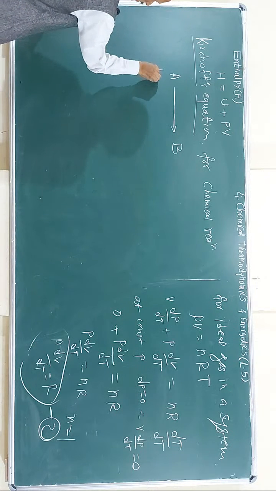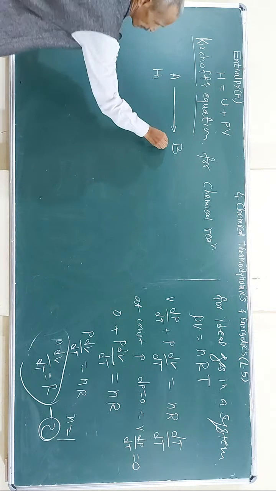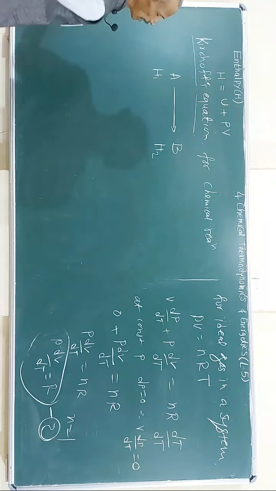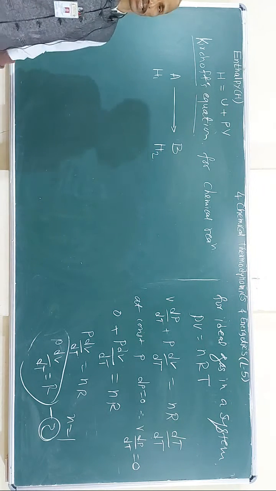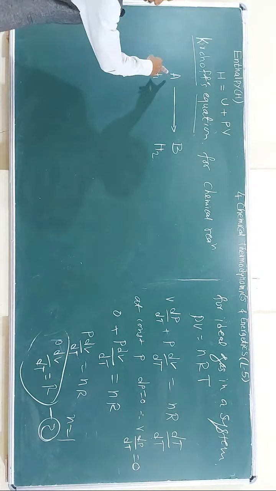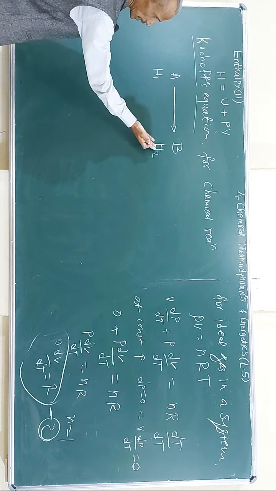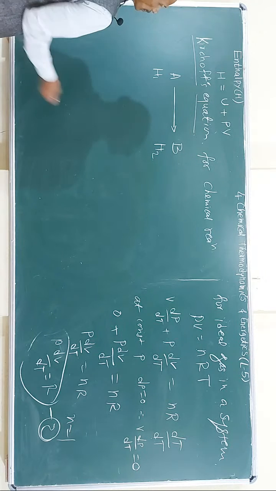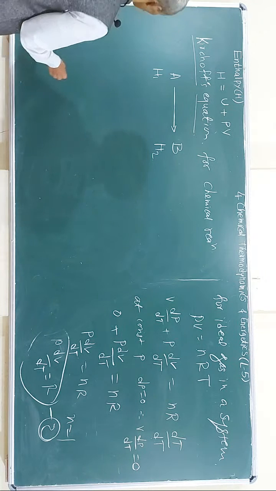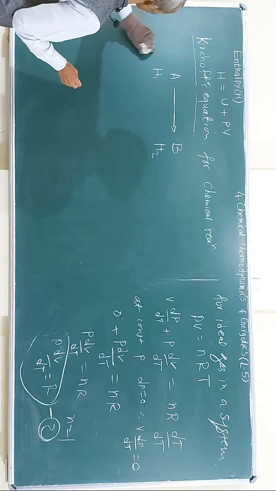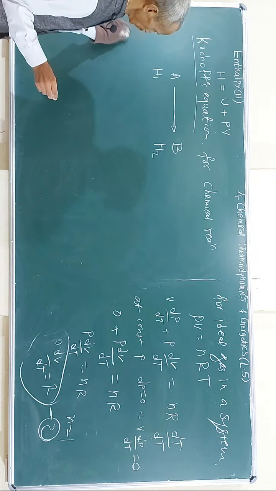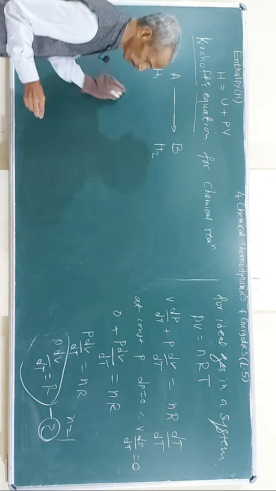And if H1 and H2 are the enthalpies of the reactants and the products, when some process is taking place, right? But if the temperature changes, it is not an isothermal process.